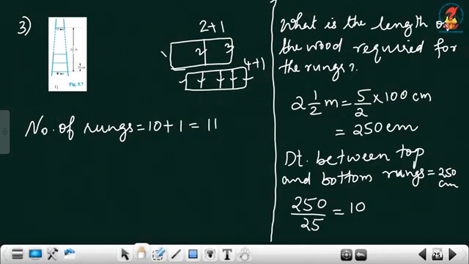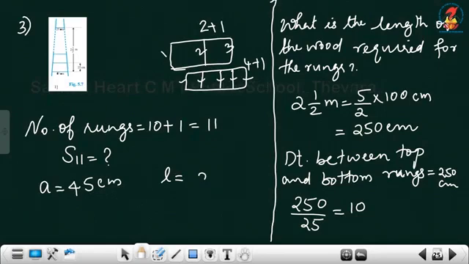We need to find the total length of the wood required to make these 11 rungs. So actually what we have to find is S11. From the question we can write A as 45 centimeter and the last term L as 25 centimeter.